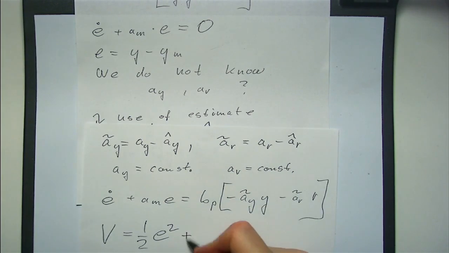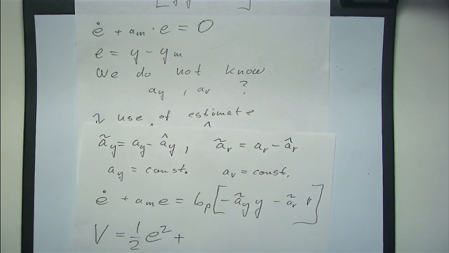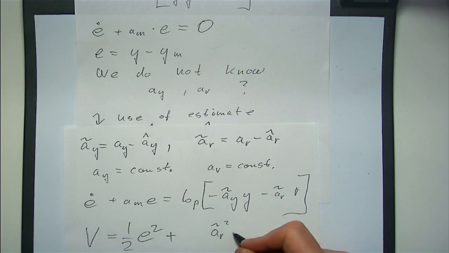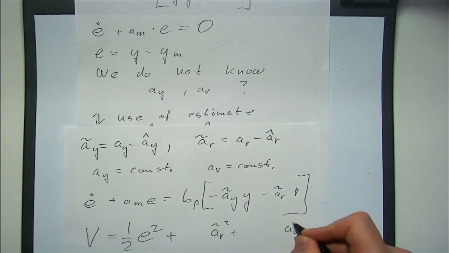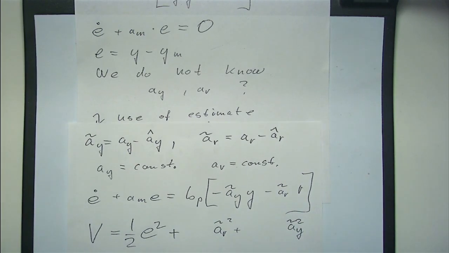But what you want in there as well are these parameter errors. So what we do is we add something which contains the parameter errors. Yeah? So we have to have this, and now we have extra multipliers there.